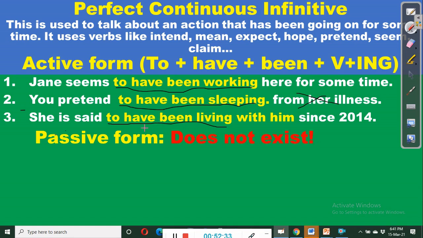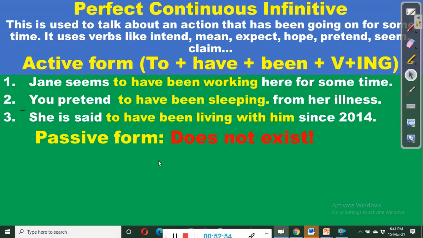These are possibilities when statements like this are made. She is said to have been living with him since 2014. All right, so these are examples of how we can use the infinitives in English.